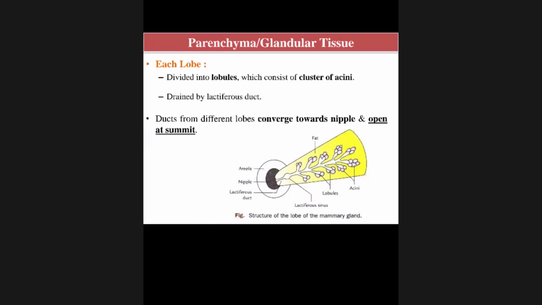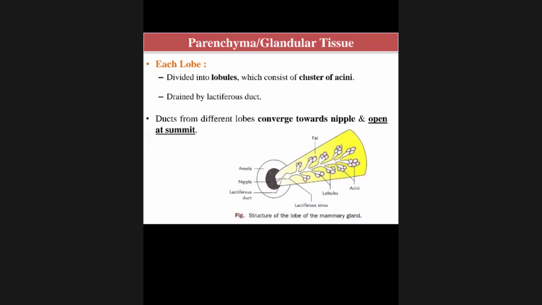It is the secretory portion of any gland, either serous glands or mucous glands. The gland cells around the lumen are called an acinus, the secretory portion. So each lobe is divided into different lobules, and lobules consist of a cluster of acini.